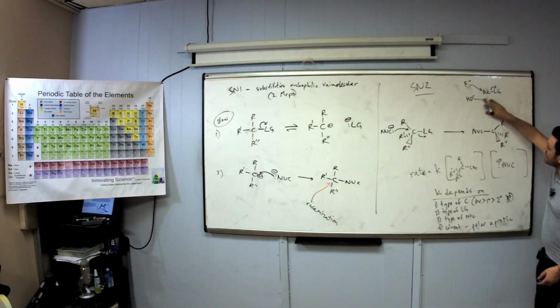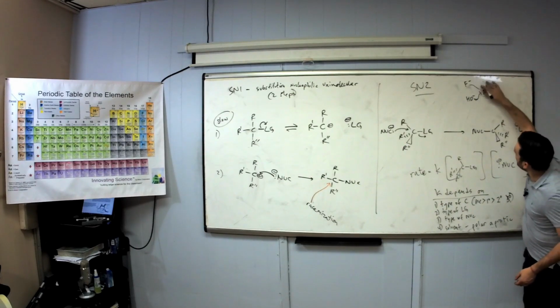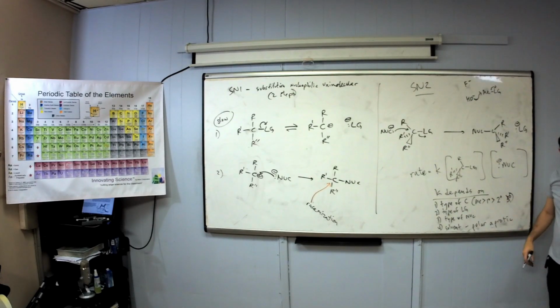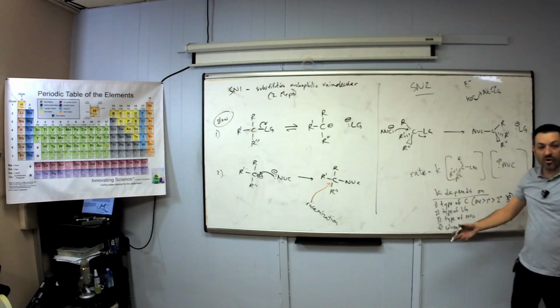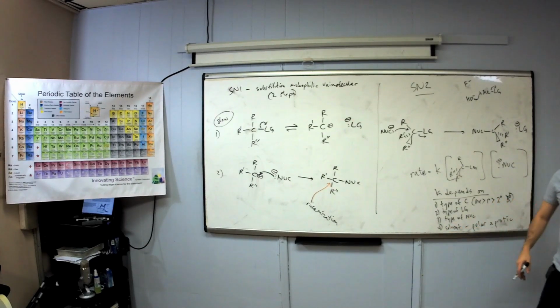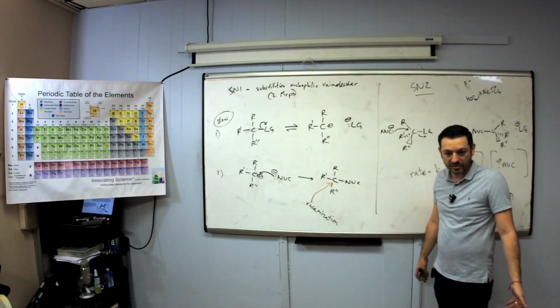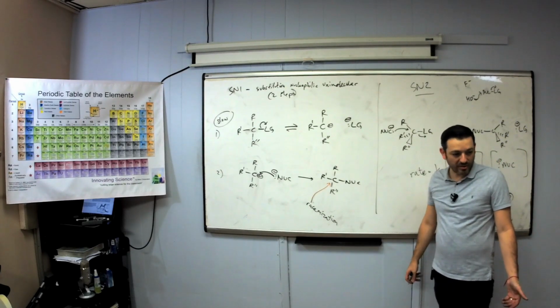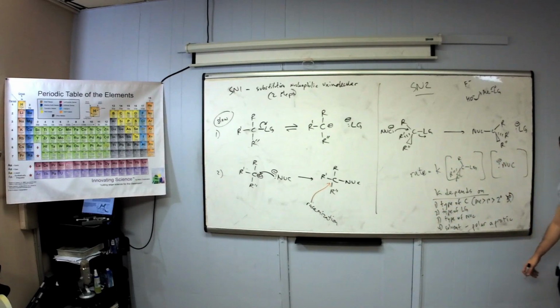If there was no acid, the strongest base would be the strongest nuke. But if you put it in a protic solvent, you distract the strongest nuke, and whoever's left over wins the race. Does that make some sort of sense? Let's say you have two runners, right? The world's fastest runner and the world's second fastest runner.